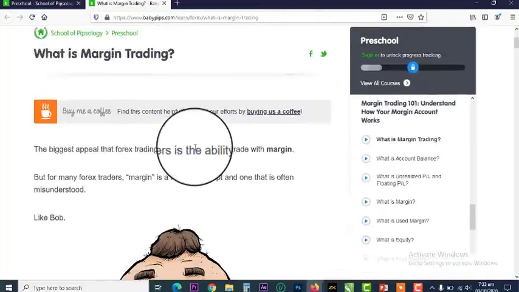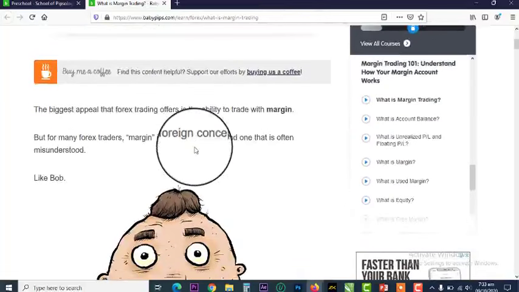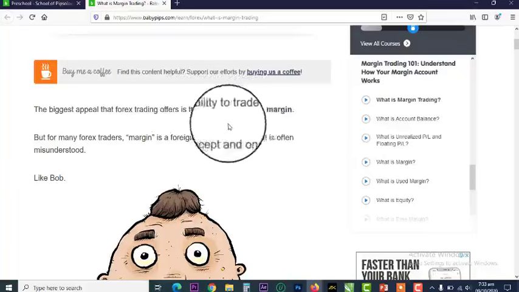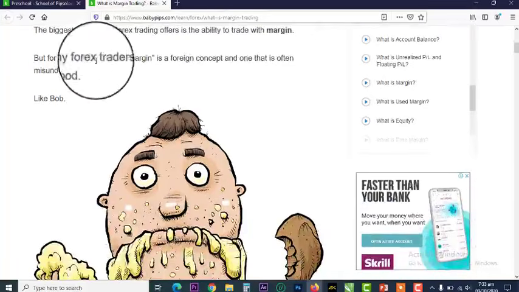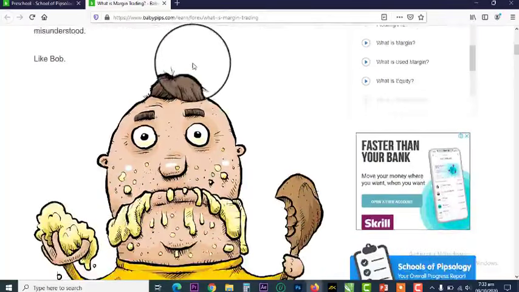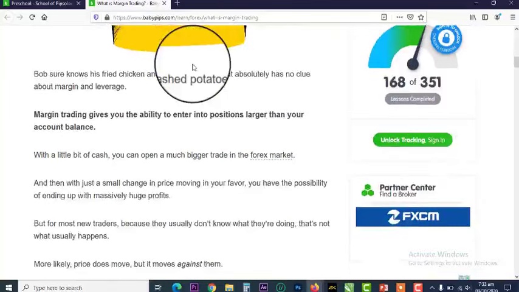So what is margin trading? The biggest appeal that forex trading offers is the ability to trade with margin. But for many forex traders, margin is a foreign concept. So what is margin trading?